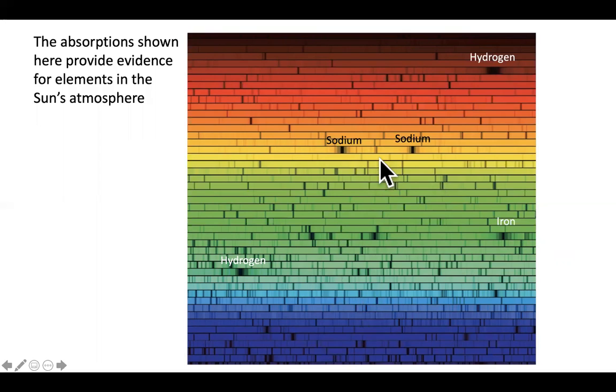Those dips are locations where atoms in the sun's atmosphere are very efficient at absorbing light because the energy of those photons is exactly right to produce a transition between two energy states. So again, there are two things here in the yellow that are due to sodium. There's this one that's due to hydrogen. There's another one over here that's due to hydrogen. There are things due to iron. When people went through this, they found a lot of elements that they knew about, and, for example, one they didn't.